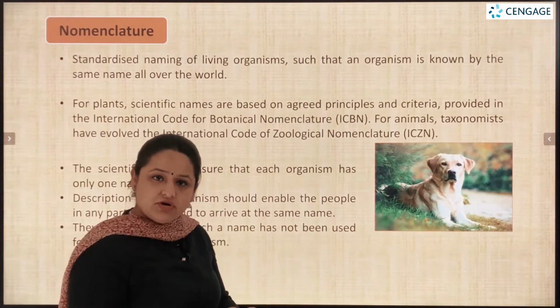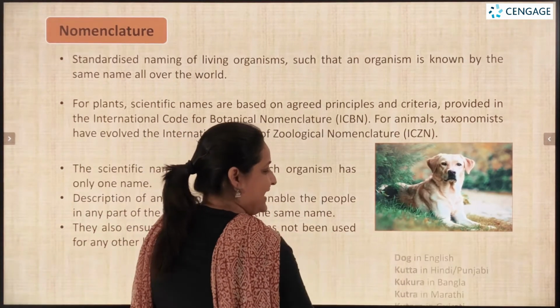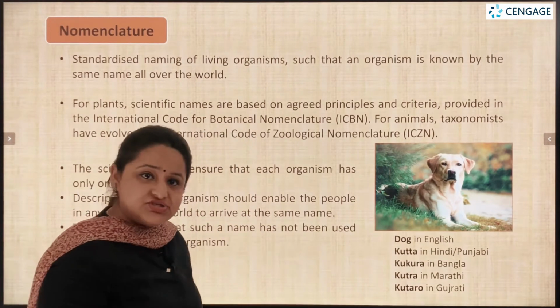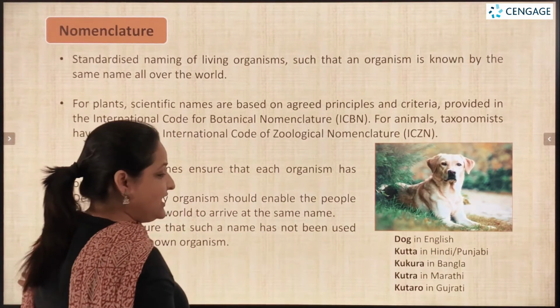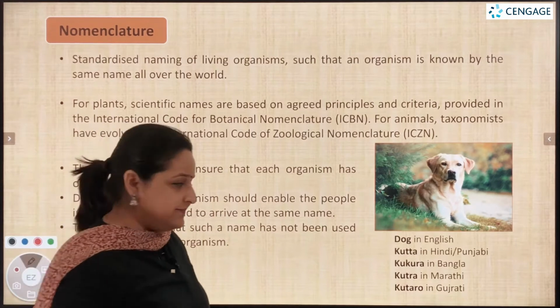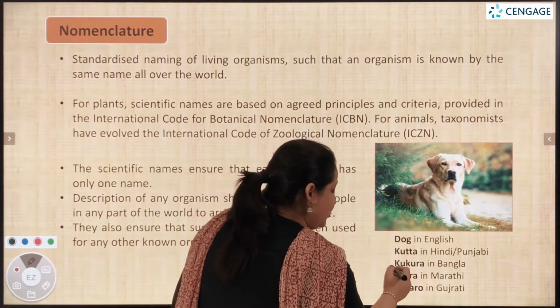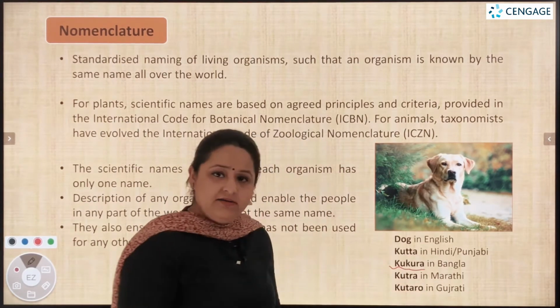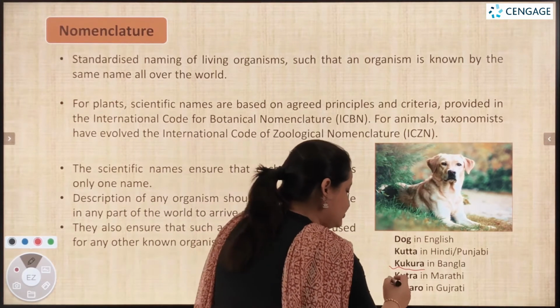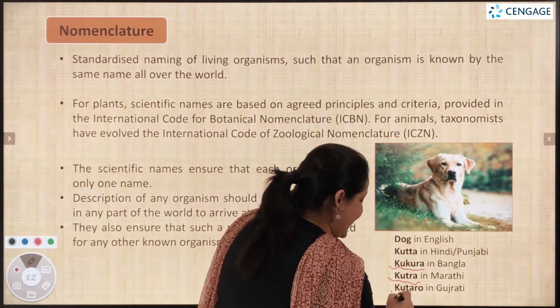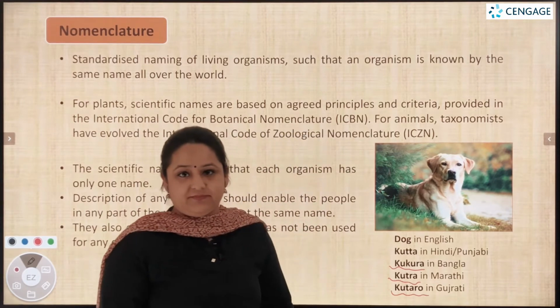Suppose this is an organism which is known as dog in English. It is known as kutta in Hindi or Punjabi. It is known as kukur in Bangla. It is known as kutra in Marathi and kutro in Gujarati.